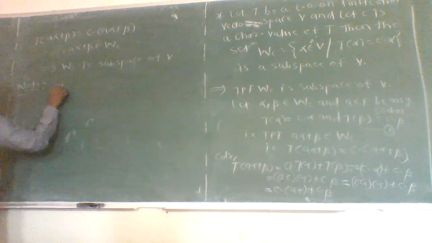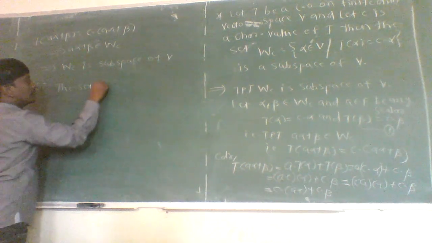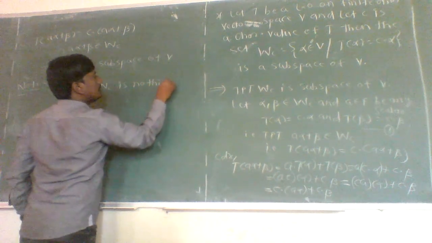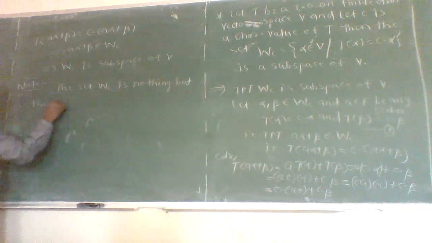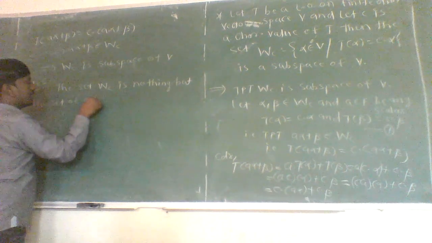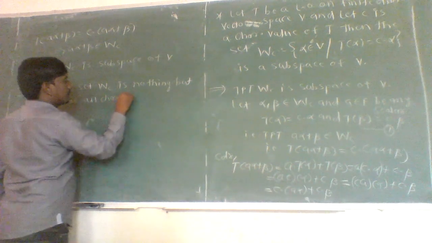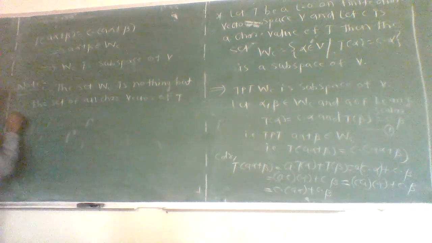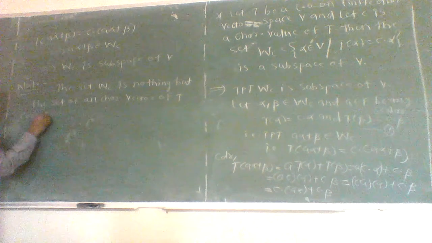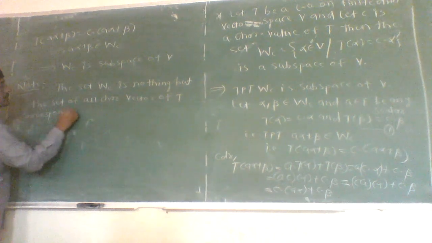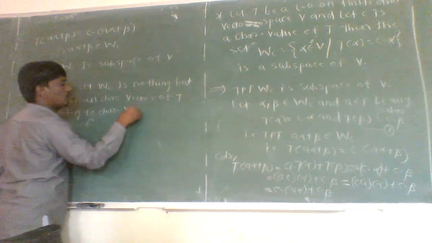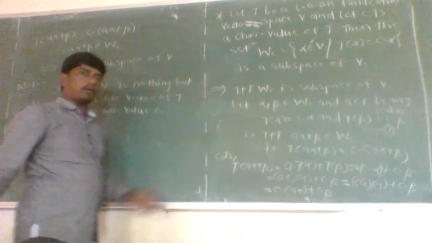This set WC is nothing but the set of all characteristic vectors of linear operator T corresponding to characteristic value C. See, what is WC?